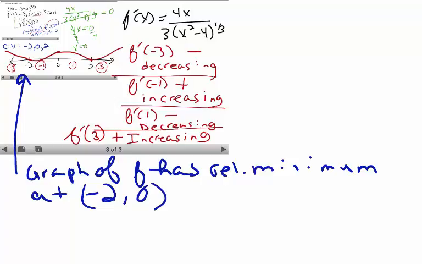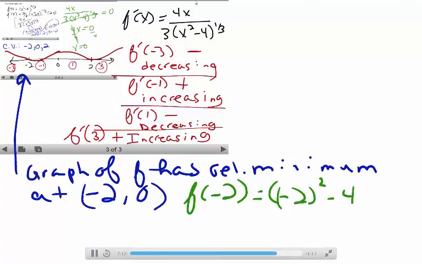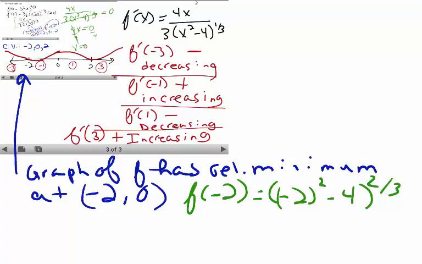We know this to be true by plugging in negative 2 into our original function, f. So f of negative 2 equals (negative 2 squared minus 4) to the 2/3 power. This equals 0 to the 2/3 power, which is 0.